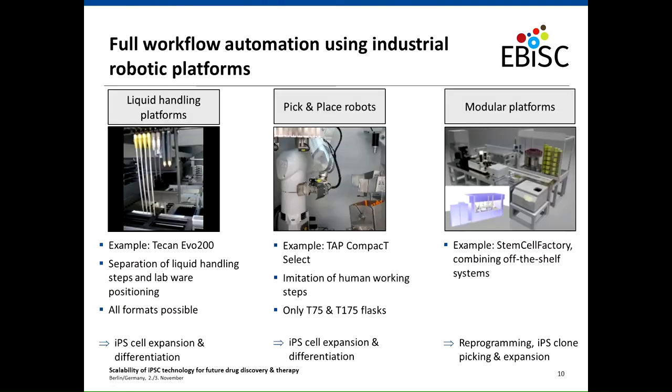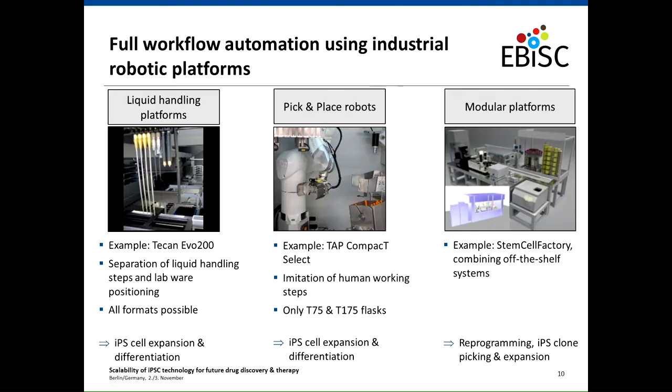Having now a look at some examples for full workflow automation using industrial robotic platforms that we have evaluated within EBiSC, you have different categories that can be used. You have some kind of complete liquid handling platforms. Here, for example, you can see the Tecan Evo station. Here you have separated the liquid handling.